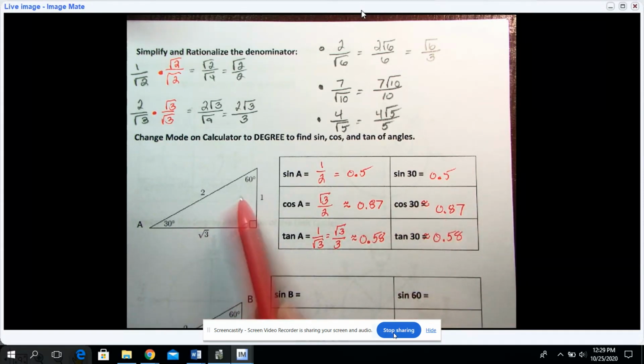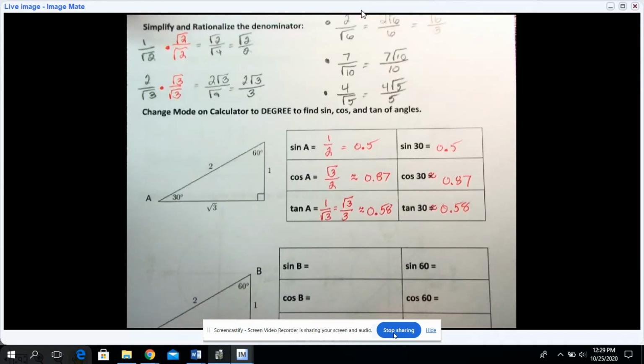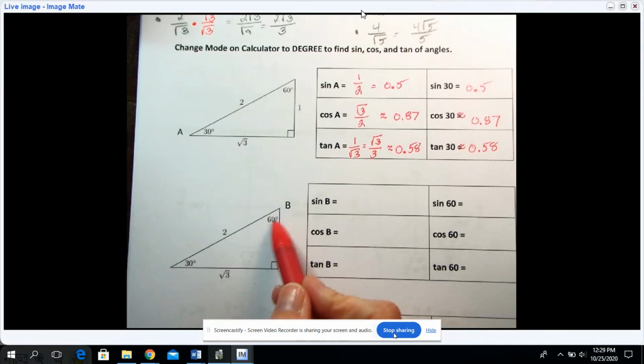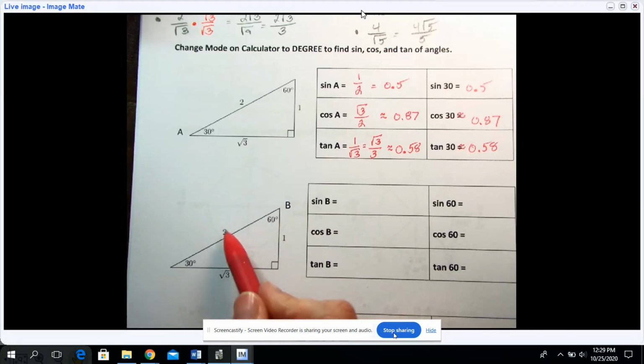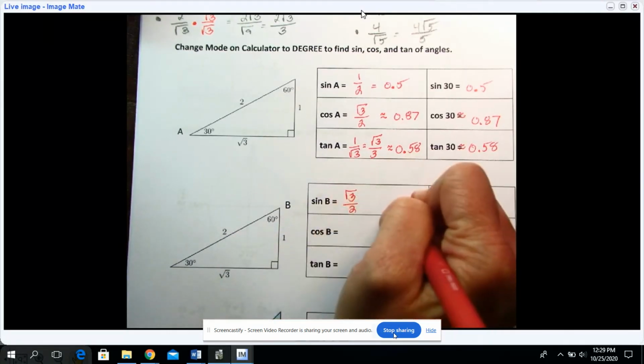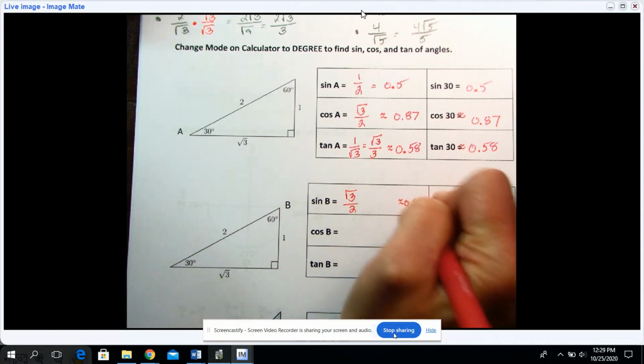So this is a special right triangle, 30, 60, 90, and we can find sine, cosine, and tangent without ever even using a calculator. And these are our exact values right here. Down here, if we look at B, 60 degrees, sine is opposite over hypotenuse, which is the square root of 3 over 2, which we know is approximately 0.87.